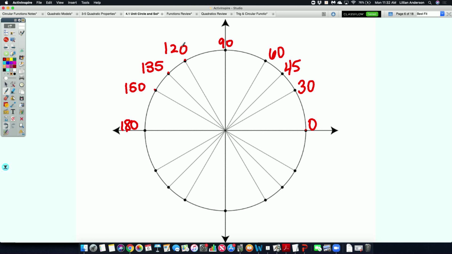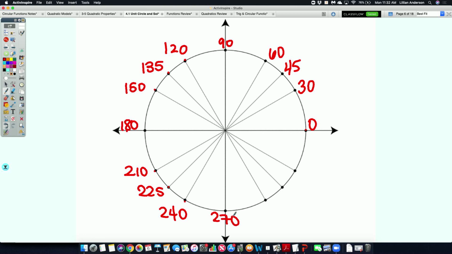As I keep going, again, I'm 30 degrees away from 180 as I continue along my circle. What is that? 210. This next point is 45 more. 225. And this last point before we hit that negative y-axis is 60 degrees. 240. When I've gone 3/4 of a circle, I've gone how many degrees? 270 degrees.